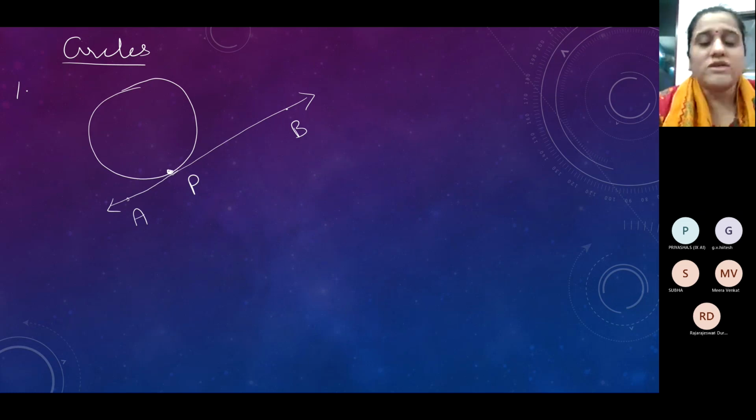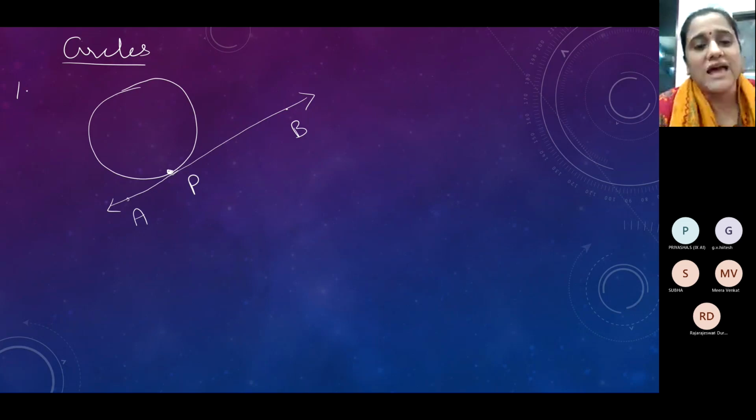The line AB also has many points on it, but there is only one point P which is common to the circle and the line. P is the only point common to the circle and the line AB.